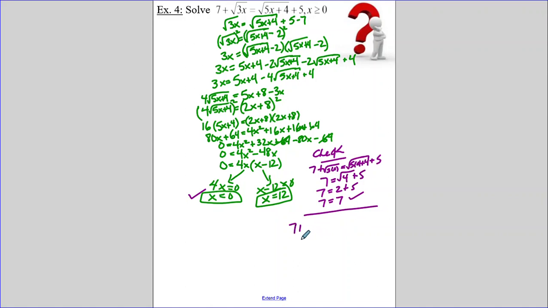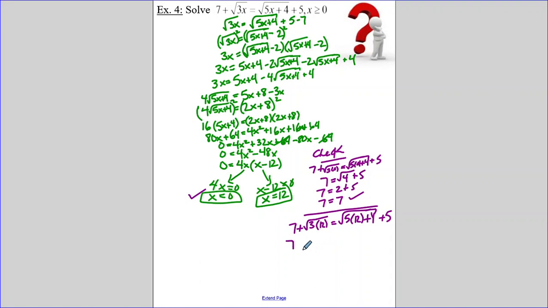So 7 plus the root of 3 times 12, does that equal the root of 5 times 12 plus 4, plus 5?